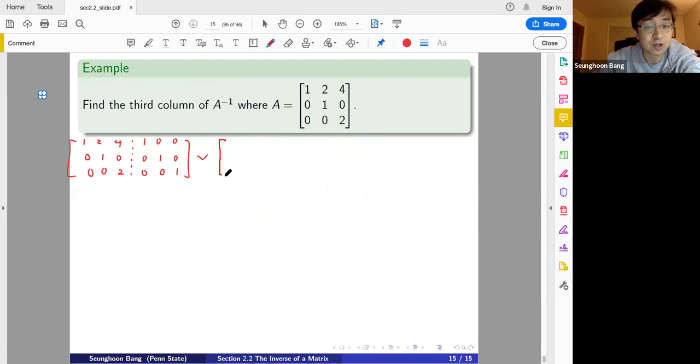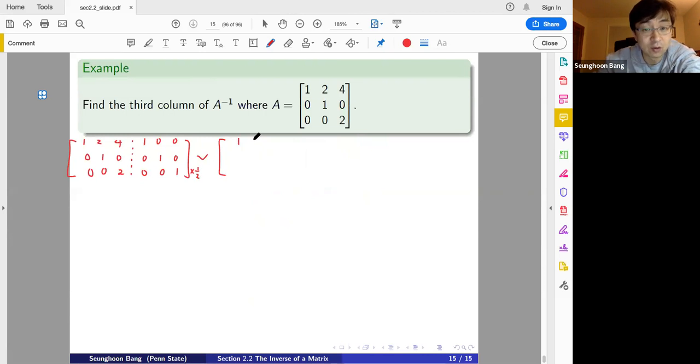So you don't need this portion, you already have it. You can change this portion. How can you do that? Only scaling: 1 half times the third row.